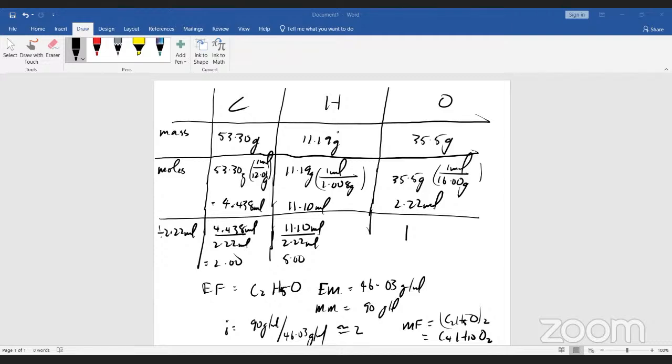And then, depending on how the question is worded, if the question is asking for the mass of B, then you have to take it one more step. You have to multiply the moles of substance B by the molar mass, and that will give you what the question is asking for. So it all depends on what you're being asked.